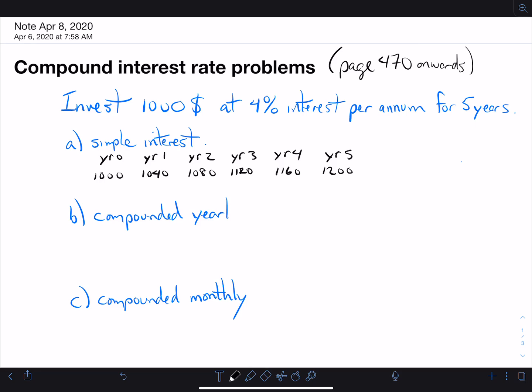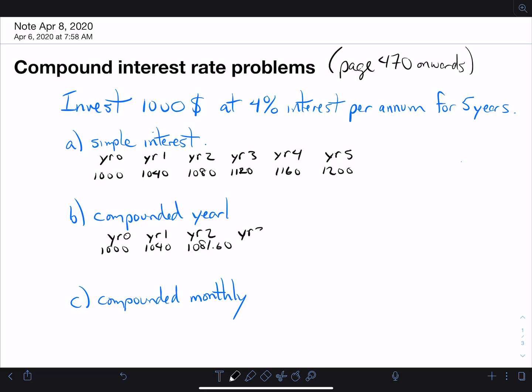For compounding, you're actually getting interest on the amount you've accumulated. So after 1 year, you still have the same, 4% of $1,000. But at the end of year 2, you get 4% of interest on the 1,040. So if you do that, you would get 1,081.60.